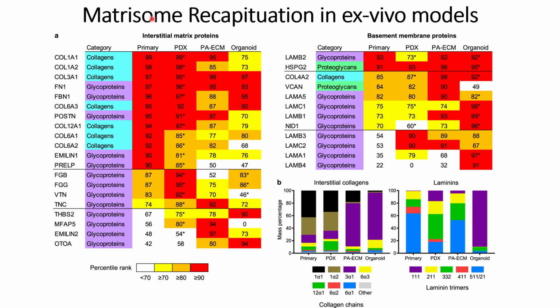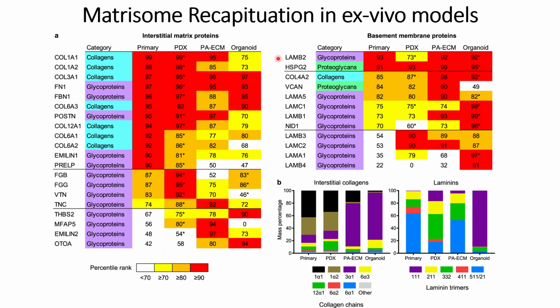What they found is that in terms of the interstitial matrix proteins, the number of proteins found in the primary tumors, or the in vivo models, is higher compared to the ex vivo models, whereas in the case of basement membrane proteins, the expressions are higher in the ex vivo models compared to the in vivo models.